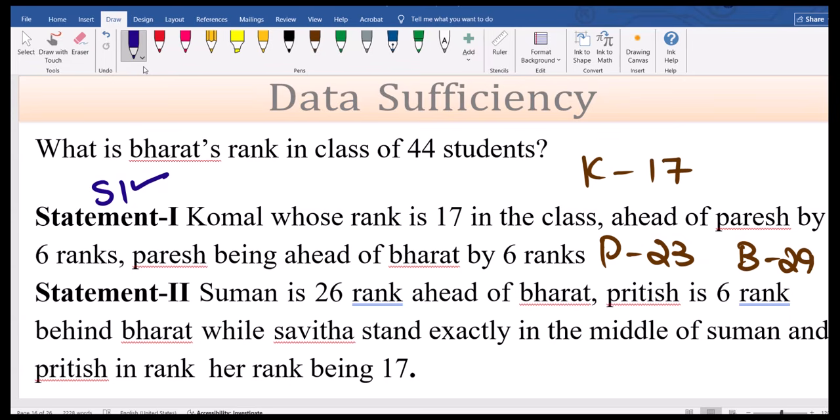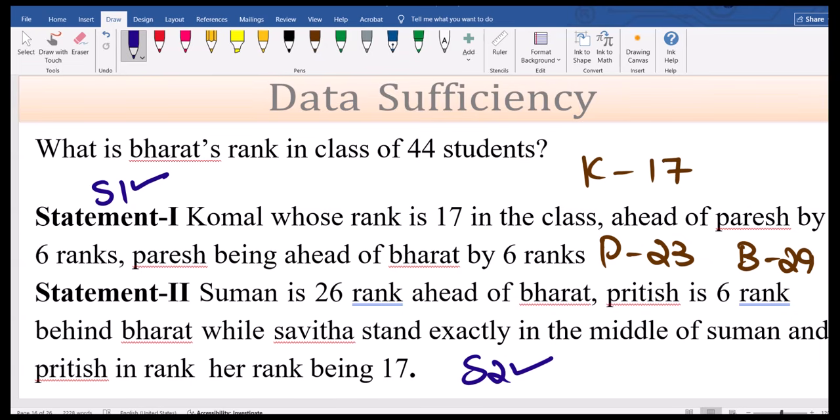From that, I can calculate the rank of Suman, because Savita is in the middle of Suman and Pritish. One person is ahead of Bharat, one person is behind Bharat, so we can say middle. So we got the rank of Savita. From that we can calculate Suman or Pritish, and from that we can get Bharat. So don't worry about equation solving and all. In the exam, I can decide yes, statement 2 alone I can answer.